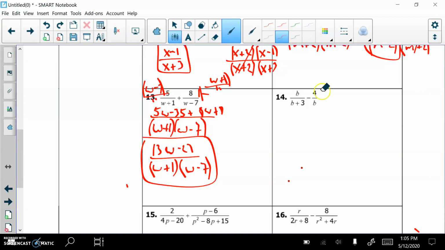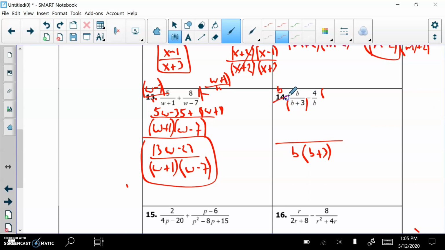Number 14, I want to multiply this. So my common denominator here is going to be, since b plus 3 is a binomial and b is a monomial, we have to take both of those, b and b plus 3. So that means that this left fraction needs to be multiplied by b.